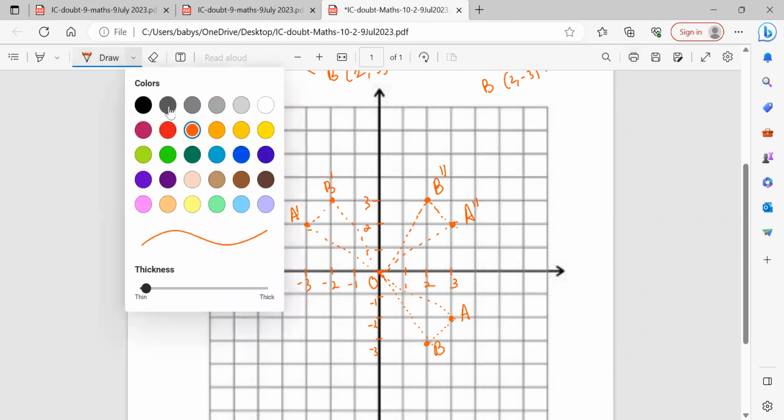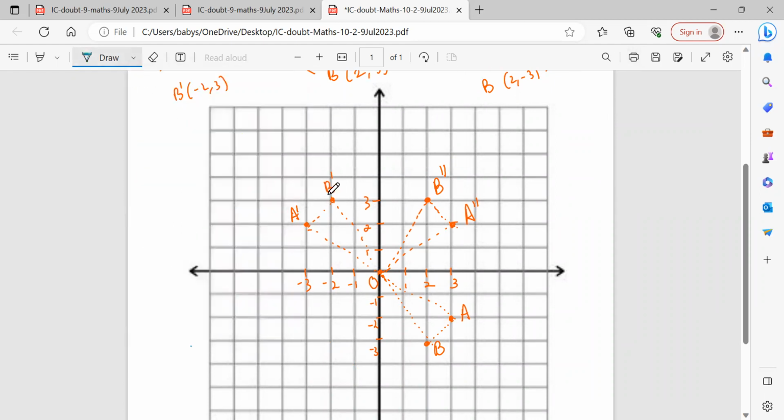Wait a minute. I'll just draw and see what happens. I'm just drawing. It looks like the blades of a fan or something to me, like this, like this, like this.